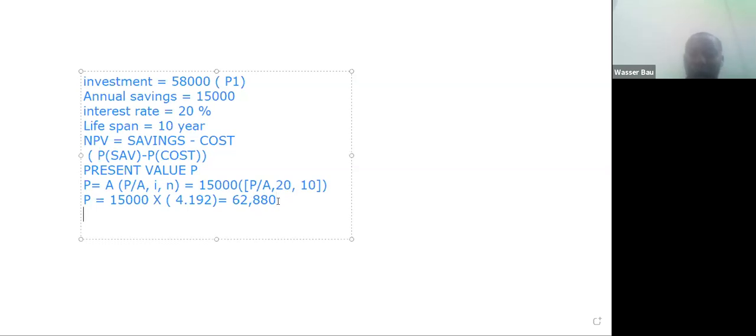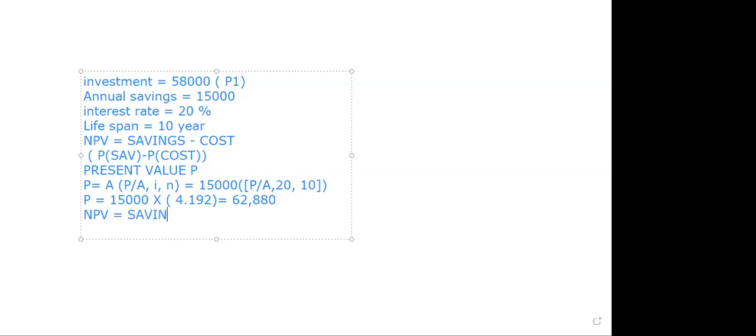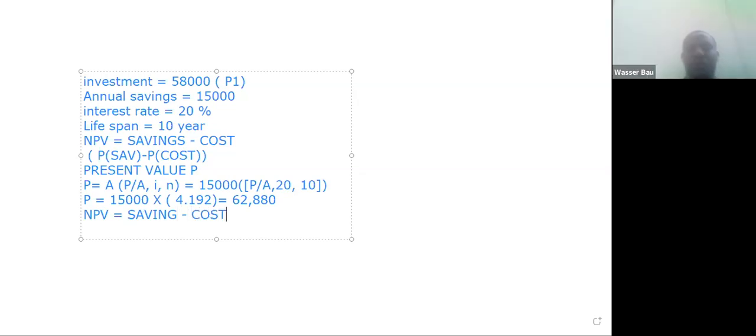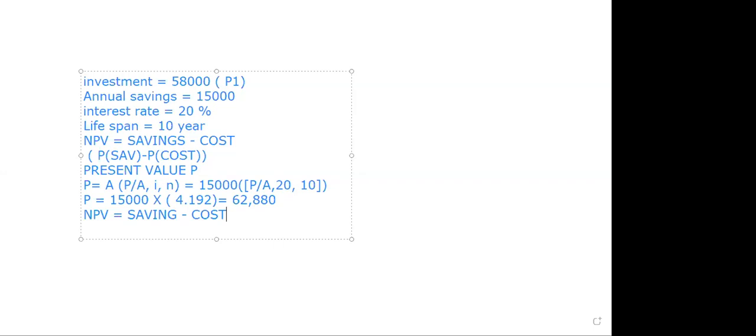Therefore, our NPV is going to be the savings minus the cost. That is how the accountants and economists use the words, but for me as an engineer, it's savings and cost.